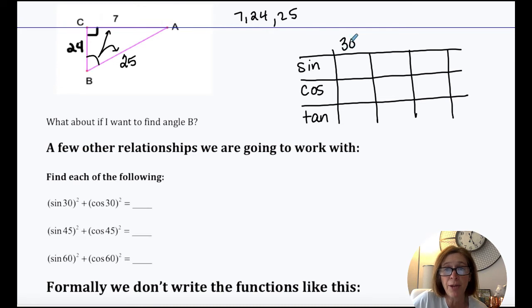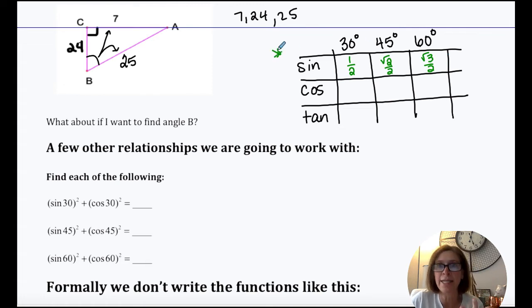We have a 30-degree angle, a 45-degree angle, and a 60-degree angle, which are all special angles. So we recognize that the sine of 30 was 1/2, the sine of 45 was root 2 over 2, and the sine of 60 was root 3 over 2. If you don't recall those, go back to the previous page in the notes and look at how we got them. These are the ones I said we're going to need to know.